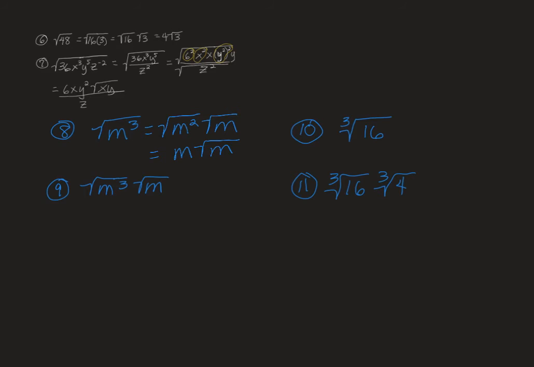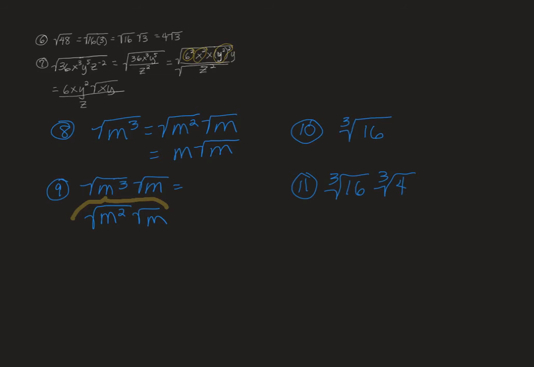If you look at number 9, we're going to be doing the same thing. The square root of m squared times the square root of m is what you get from m cubed.